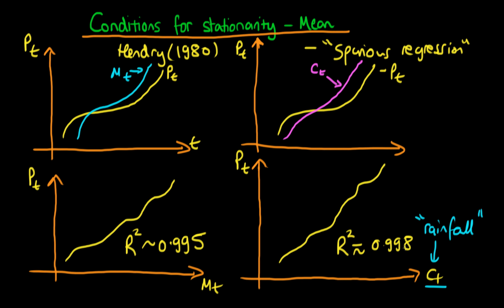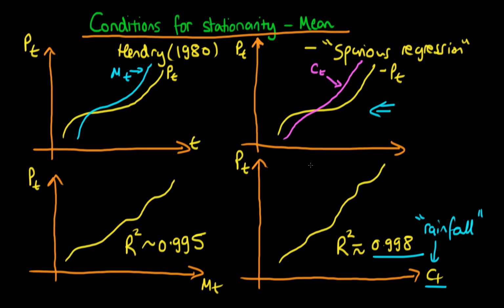So why did he get this seemingly statistically significant correlation even though he had this completely spurious regression? Well, because both these variables were increasing across time, as we see up in the top left graph, and even though they were independent of one another, it appeared as if there was some correlation between them.